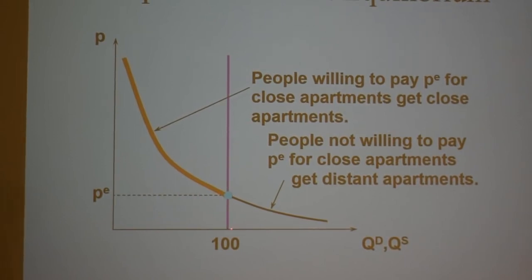By the way, if there will be all of a sudden, instead of 100, 110, more will come and the price will go down. But meanwhile, the willingness to pay for apartment number 101, the next consumer's willingness to pay, is that much.